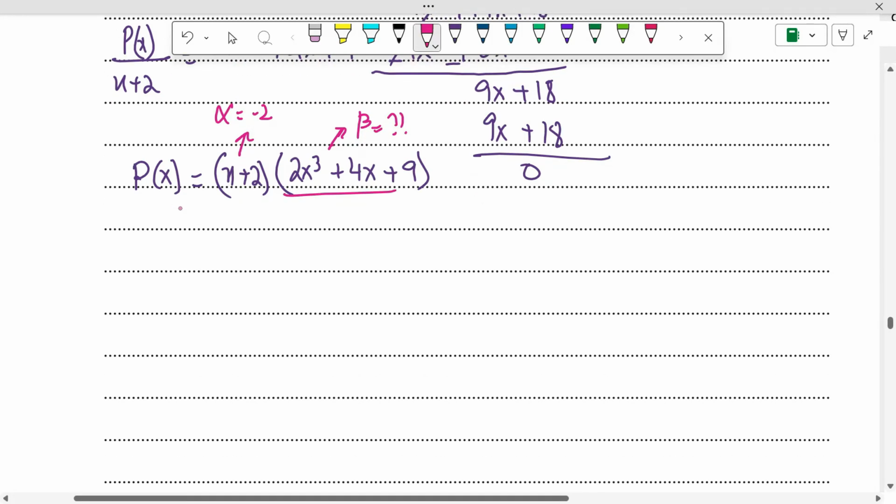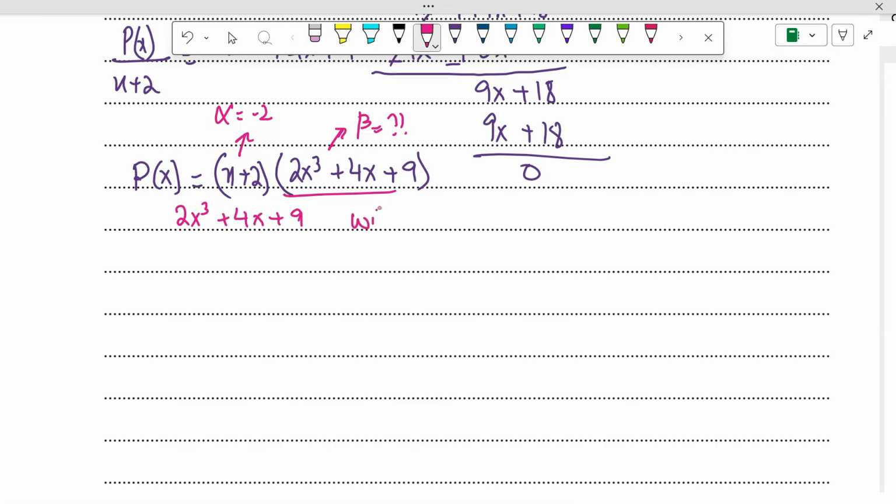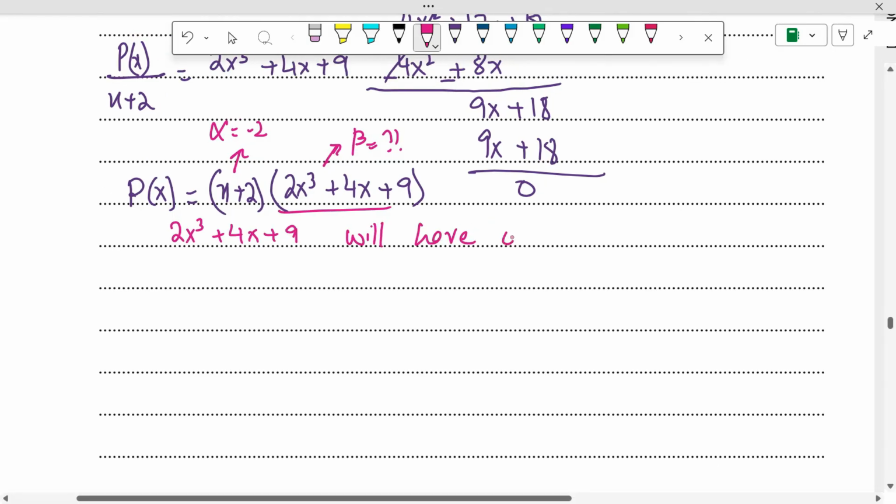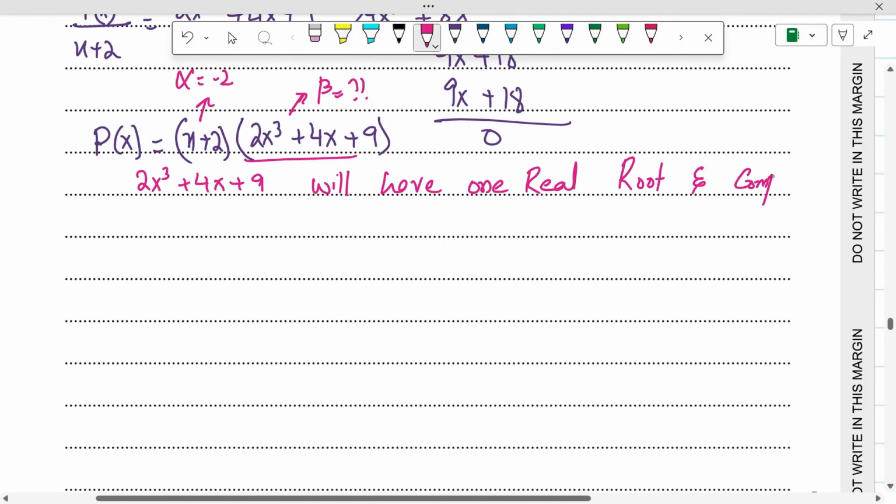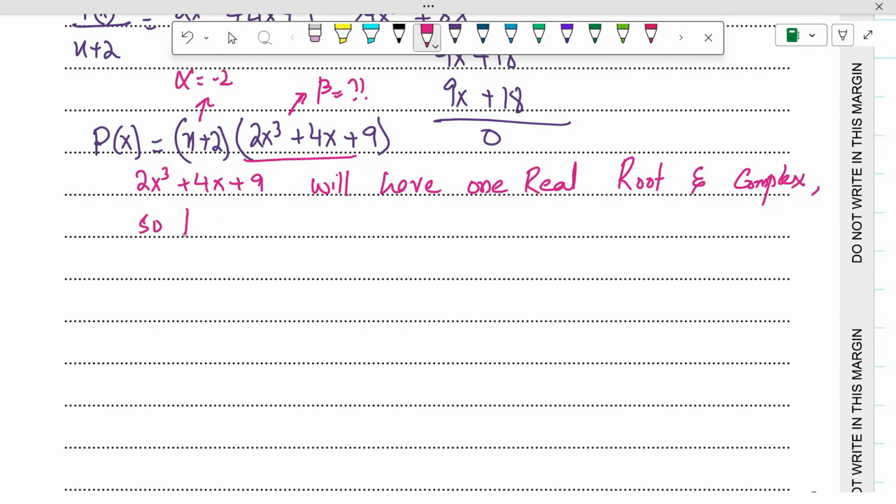So we can say that 2x cubed plus 4x plus 9 will have one real root and complex roots. So the real root beta will satisfy the remaining polynomial.